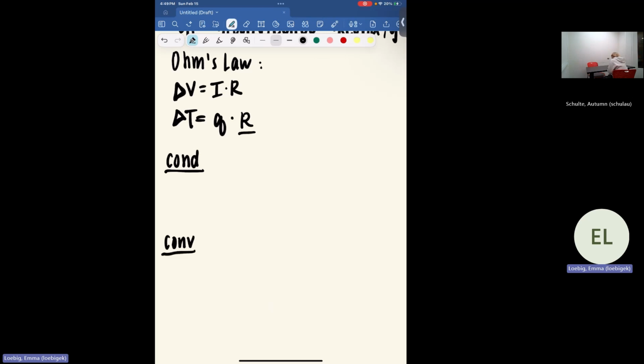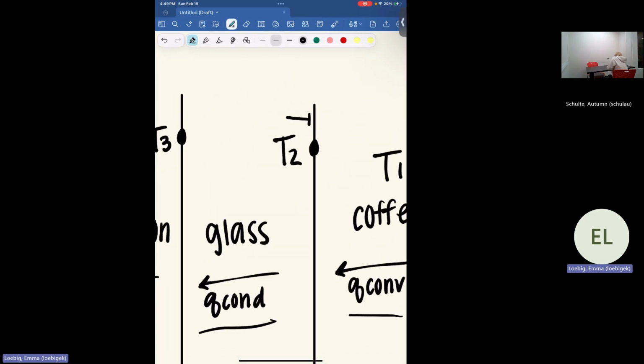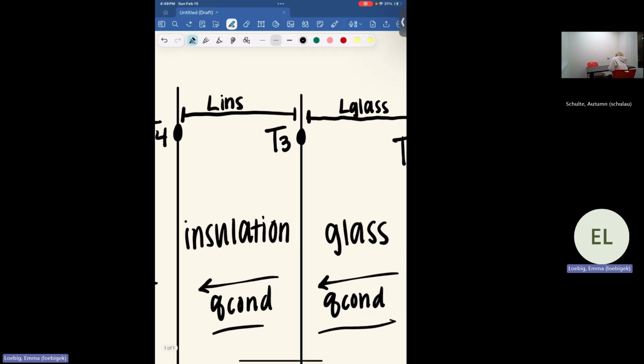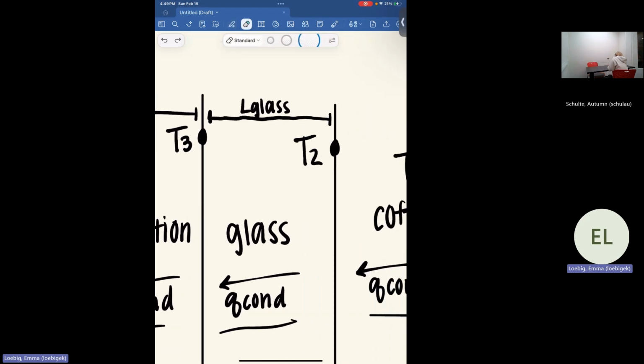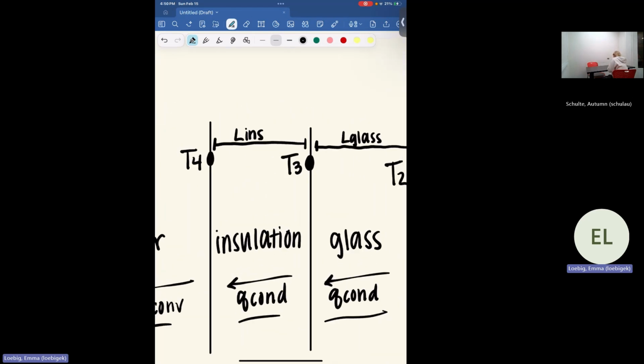So for conduction, we can find that heat flow using Fourier's law. That was our heat flow is equal to our thermal conductivity multiplied by the area, multiplied by our temperature gradient. If we have this thickness of the glass and a thickness of this insulation, if we knew the temperature here, here, and here, and we subtracted those and divided by our thickness, that became our change in temperature with respect to position.